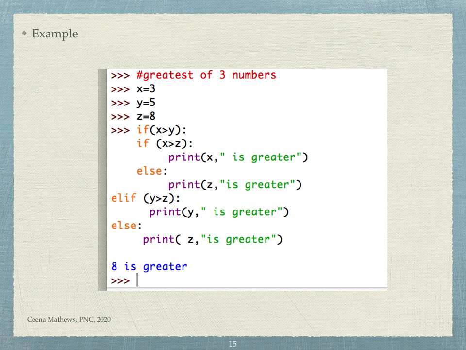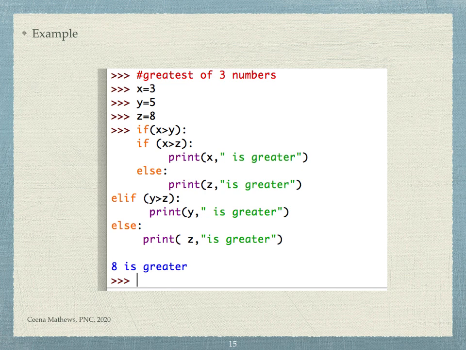If x is not greater than y, then it will come to the else statement where we check whether y is greater than z. If y is greater than z, then y is greater is printed.